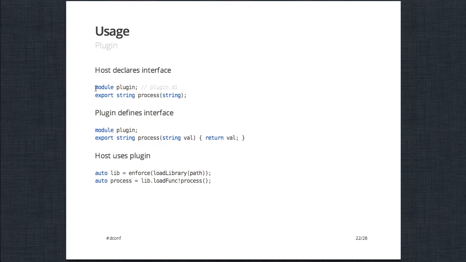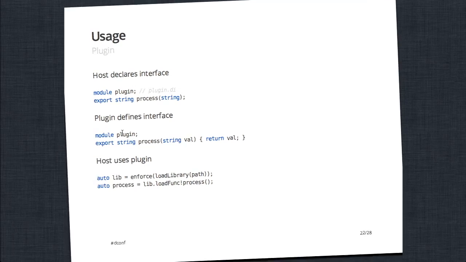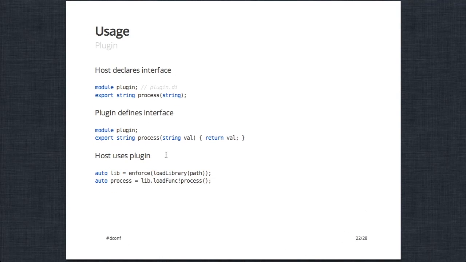So the host can declare a plugin header file which says which functions have to be implemented and which data has to be defined by the plugin. And then the plugin has to fulfill that interface by actually defining the functions, right?